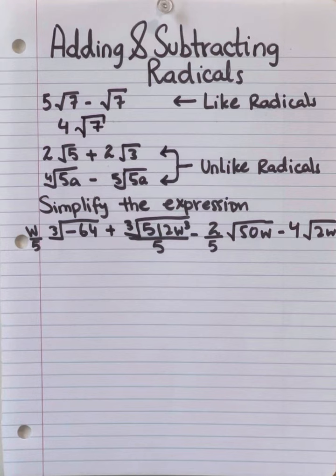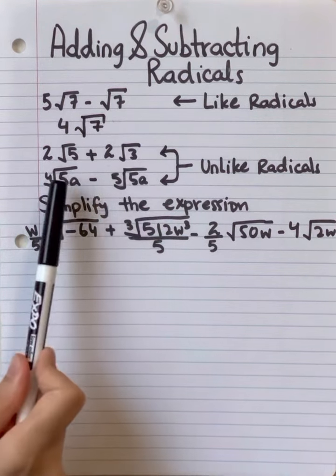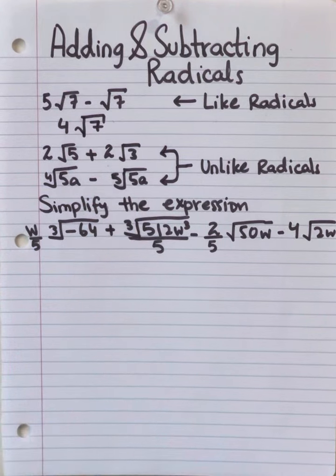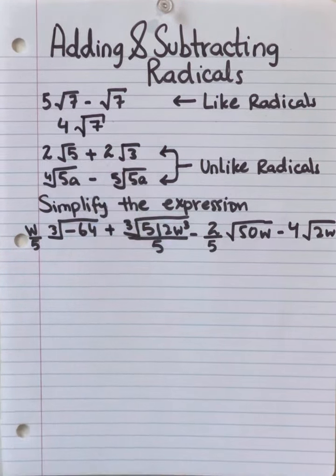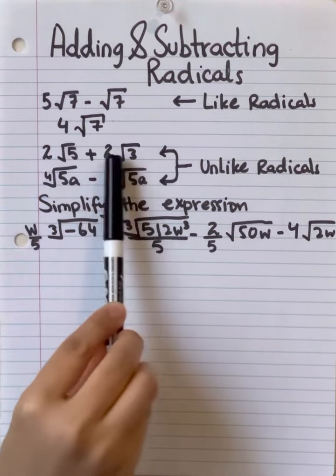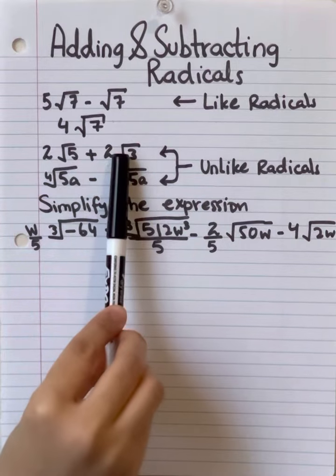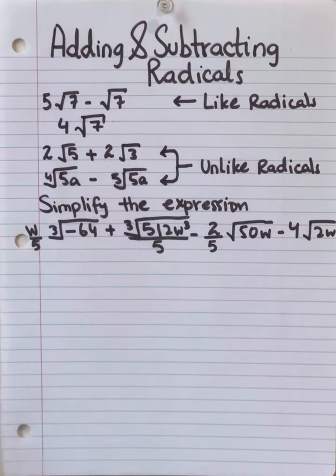Now the unlike radicals are the radicals with different radicands or different indexes. Here we have 2 square root 5 plus 2 square root 3. Although our indexes are the same, which is 2 on both terms, our radicands are different, so we cannot add or subtract them.